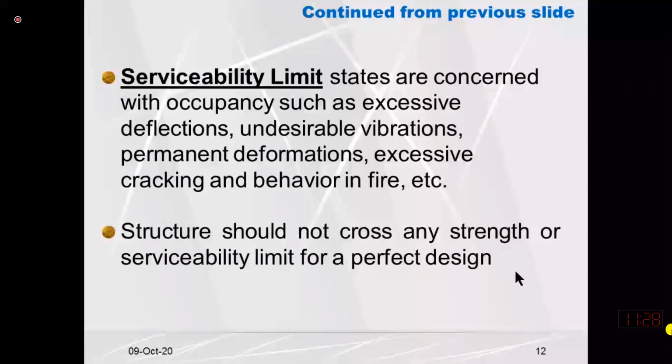For example, I do not want the elastic deformation on the first floor of a hospital building to be more than 10 millimeters. Why? Because on the first floor we might have installed an X-ray machine or laser machine. If the deflection is excessive, the alignment of the machine will be disturbed. So we want to control the serviceability.